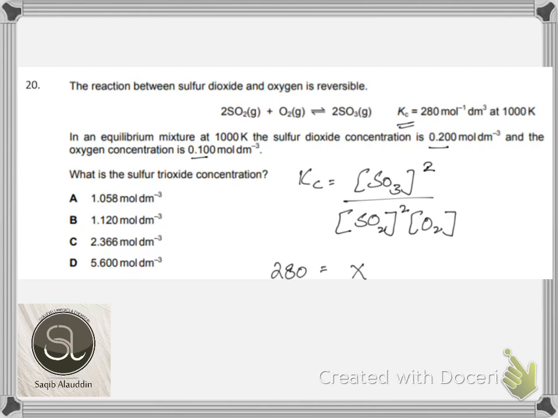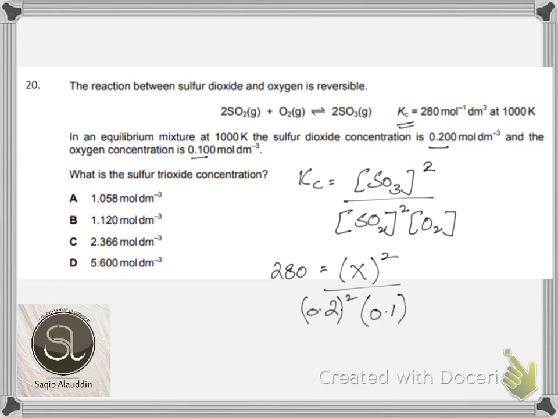I'll use X for the concentration of SO3, X square divided by 0.2 mole per dm cube of SO2, squared, multiplied with 0.1 of oxygen.